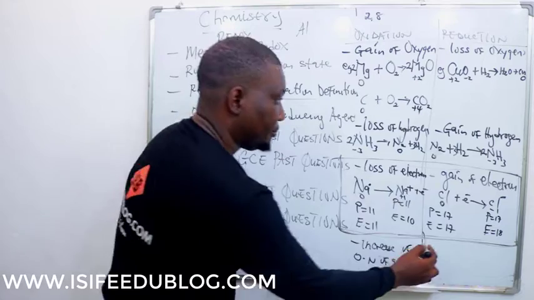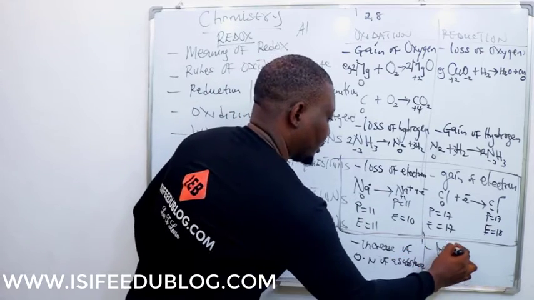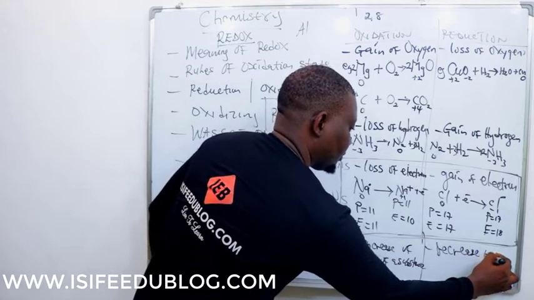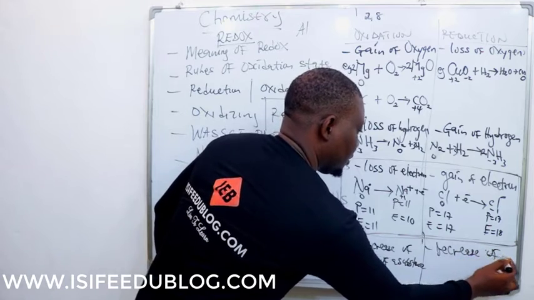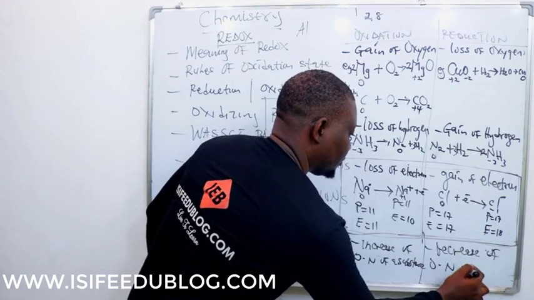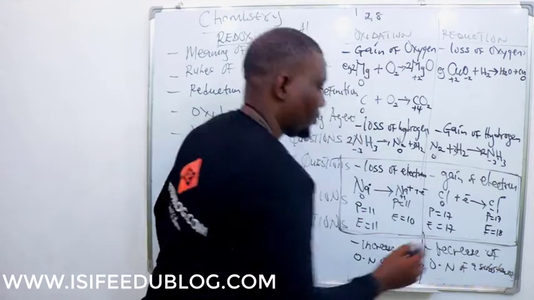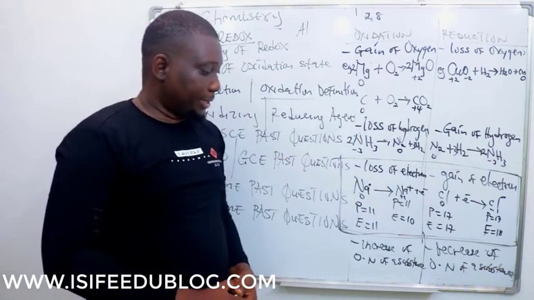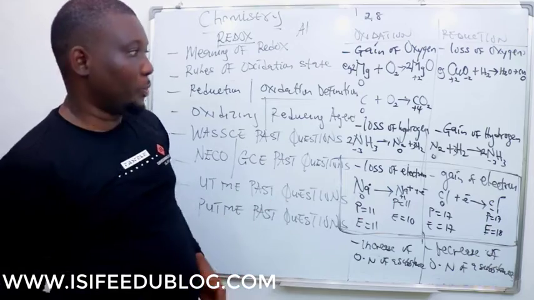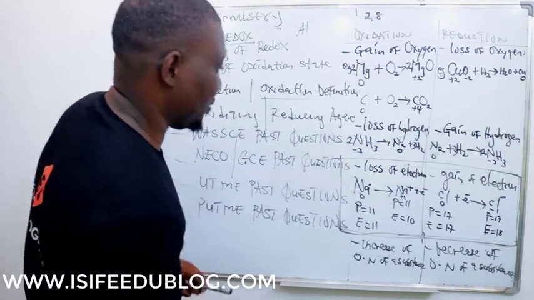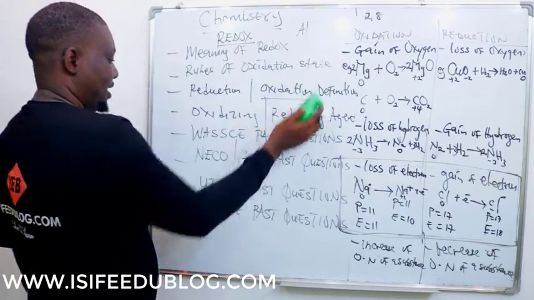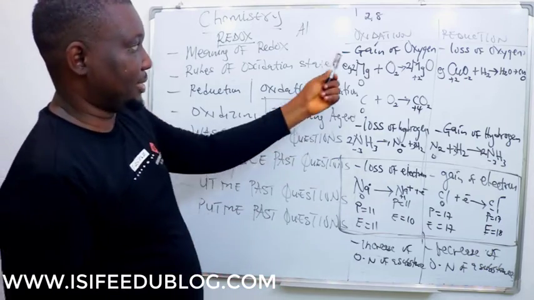Reduction will now be the decrease of oxidation number of a substance. And then I would like to add one more definition, so I can be having 5. Very important, so please take note.